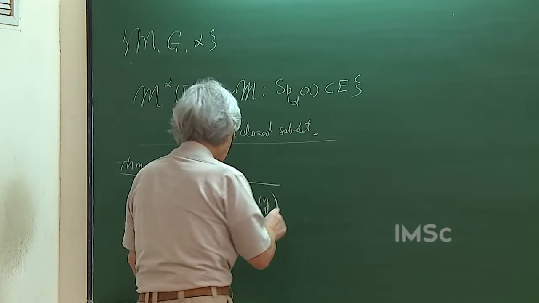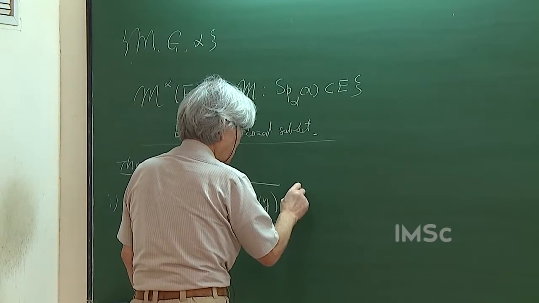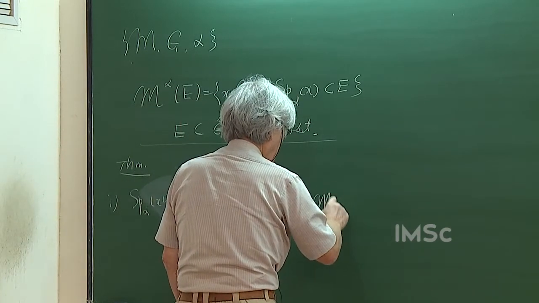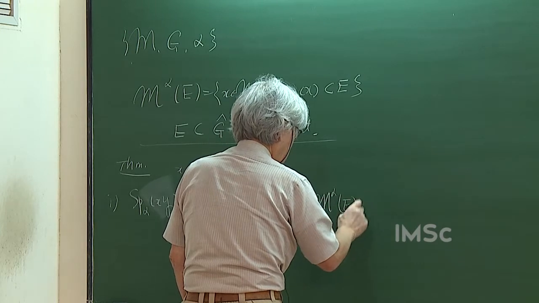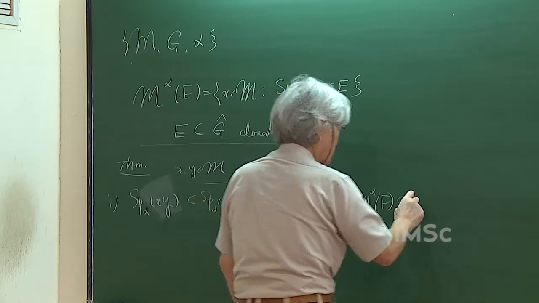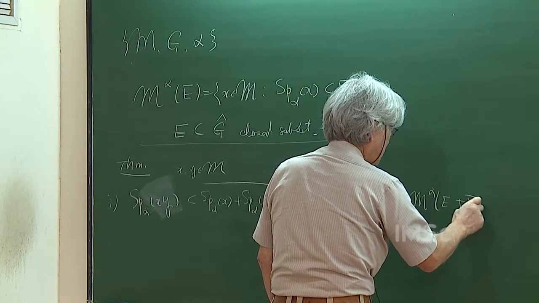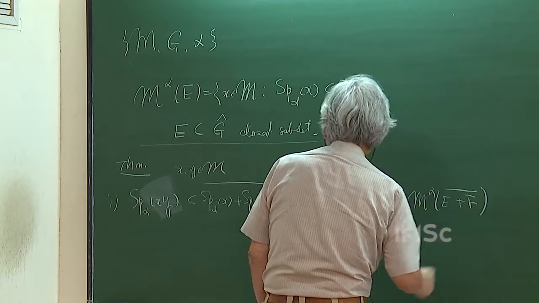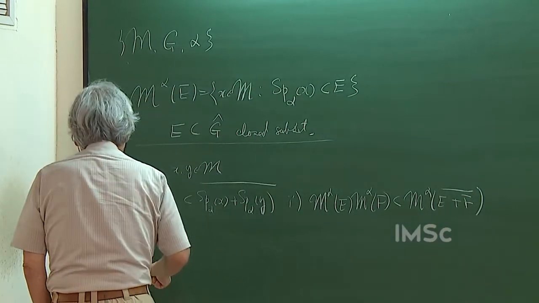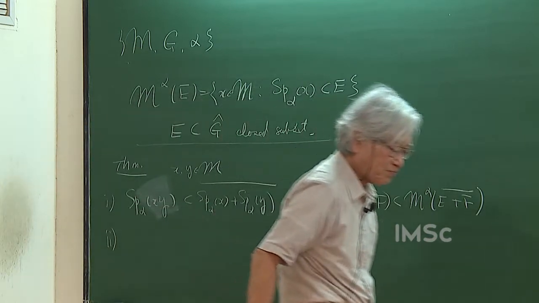That's statement one. It is very natural that E times M_alpha(F) is contained in M_alpha(E plus F). Once again, you must close it.